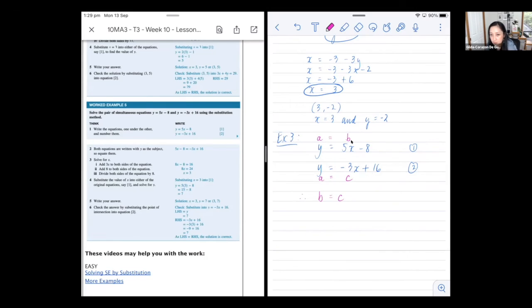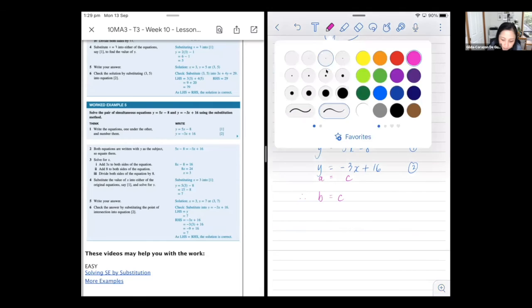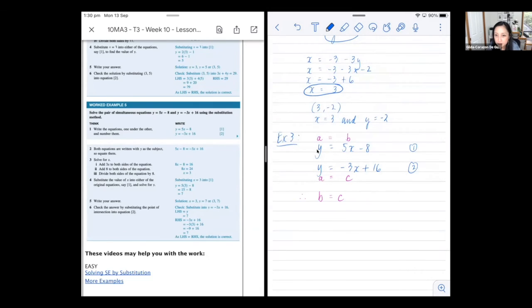If A equals B and A equals C, the only sensible thing that you can say about B and C would be that they are equal. How do we apply that? Then if you're given y equals 5x minus 8 and y equals -3x plus 16, what can you say about these two expressions? That they are equal. So your next step there would actually be to say that 5x minus 8 equals -3x plus 16.